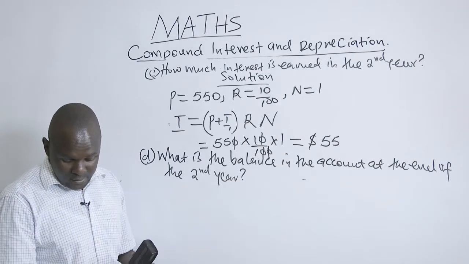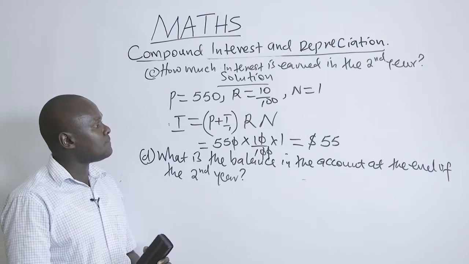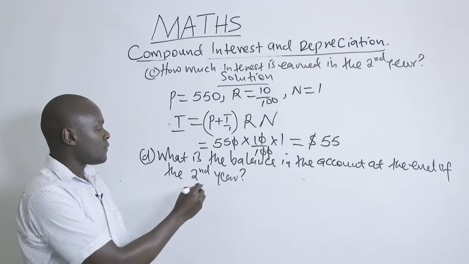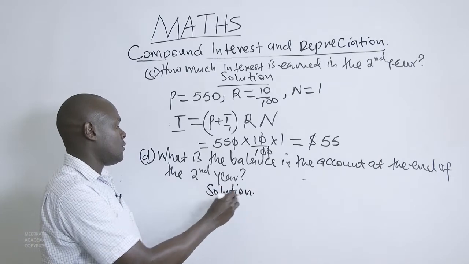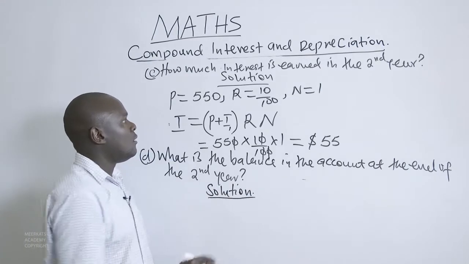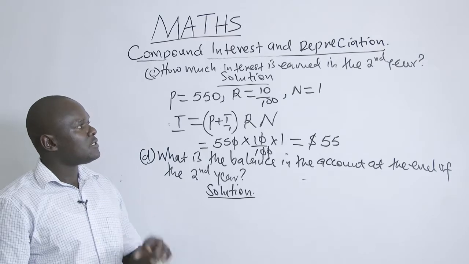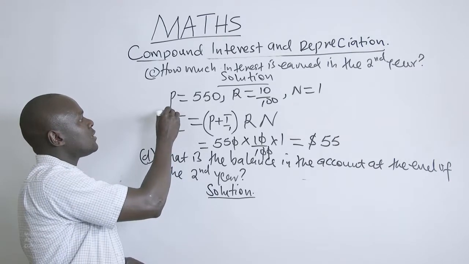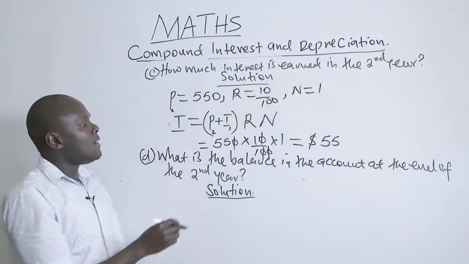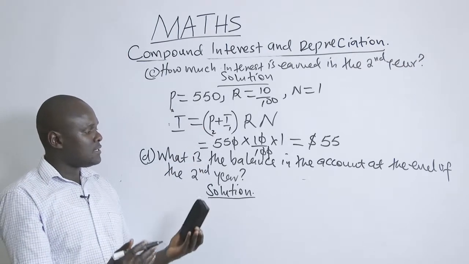That is the question that we need to answer. So you'll discover that in the first question we had the first principal, and this we can call the second. And now we want to get the balance in the account.